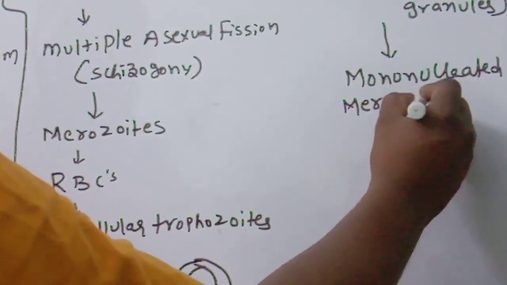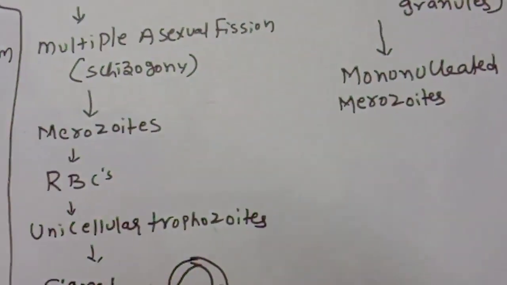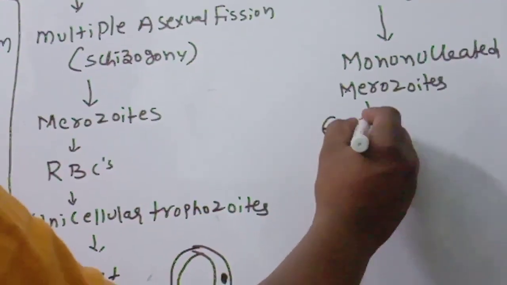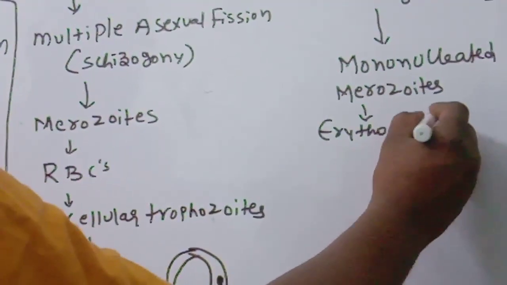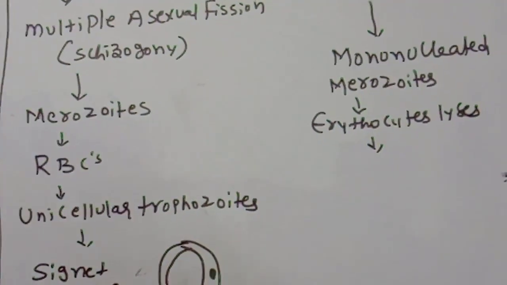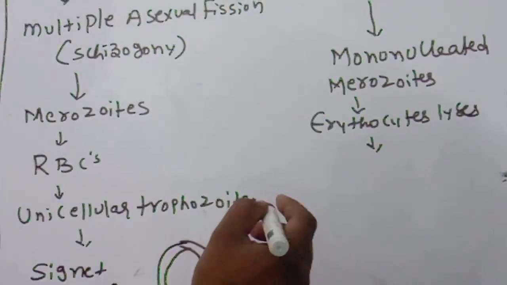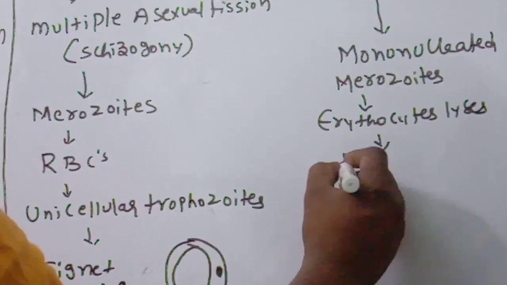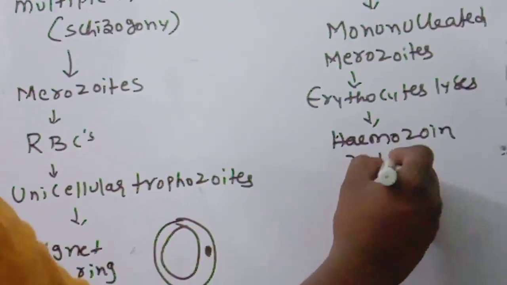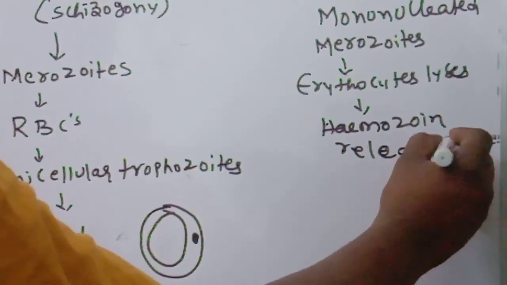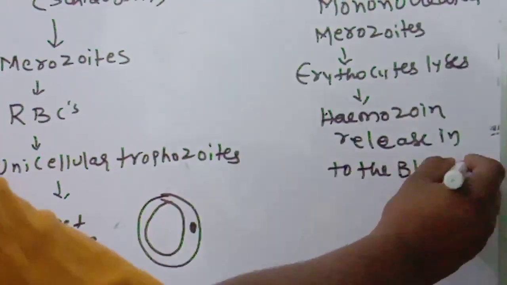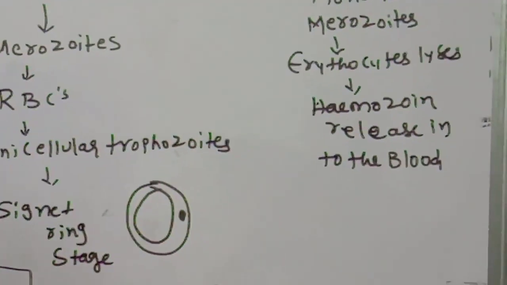Then lysis of the erythrocytes takes place. Then merozoites and hemozoin toxin are released into the bloodstream. So hemozoin also will be released into the blood. Okay, children, this one you should remember.